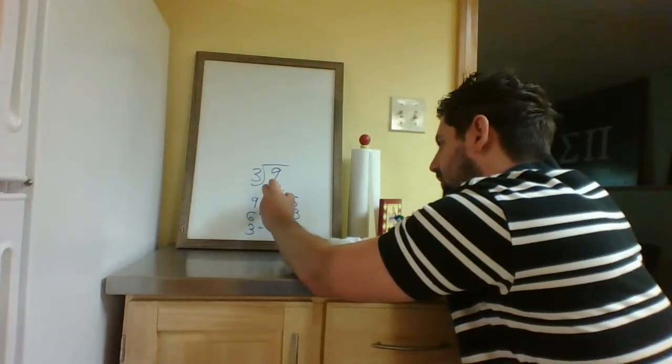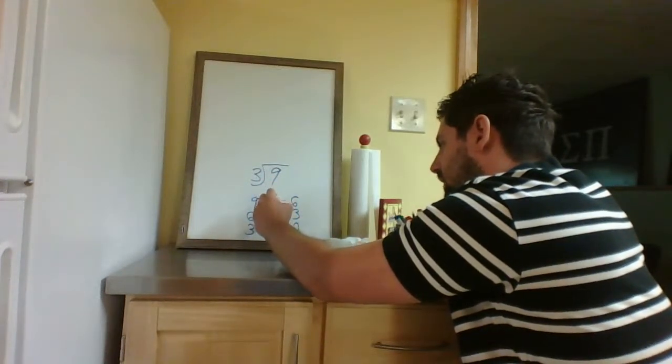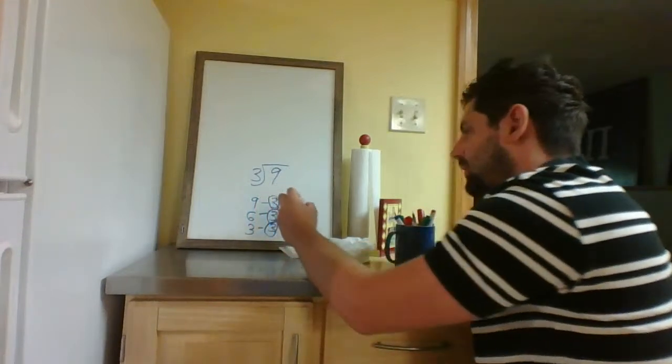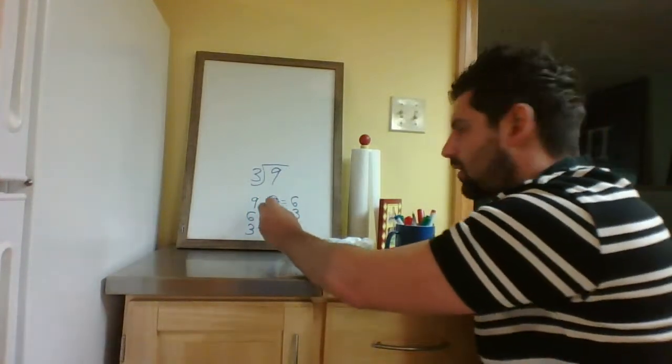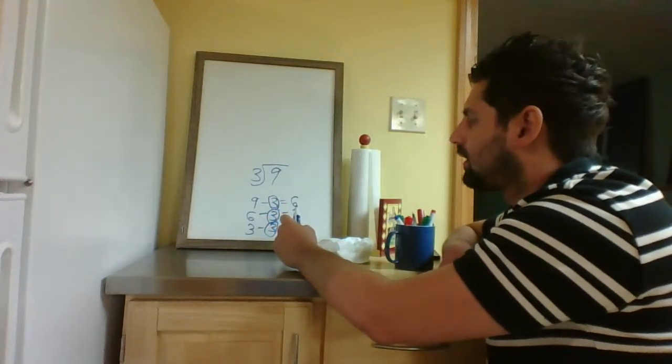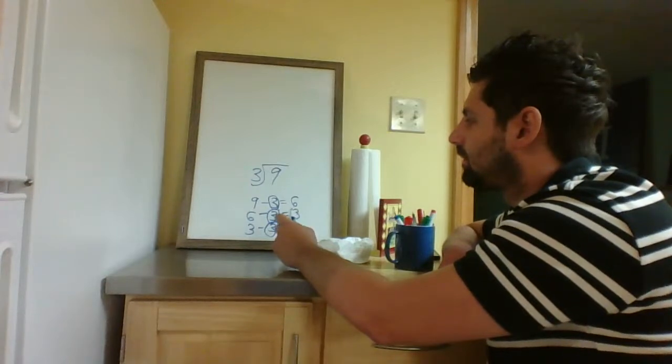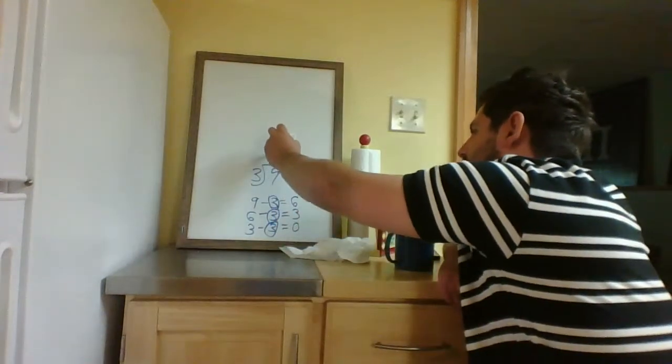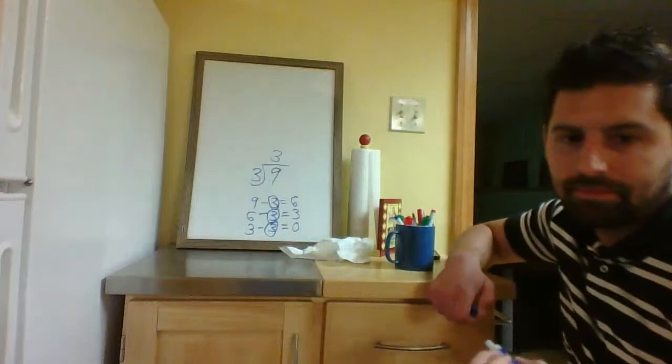So that's one group of 3, 2 groups of 3, 3 groups of 3. 1, 2, and 3. So 9 divided by 3 equals 3.